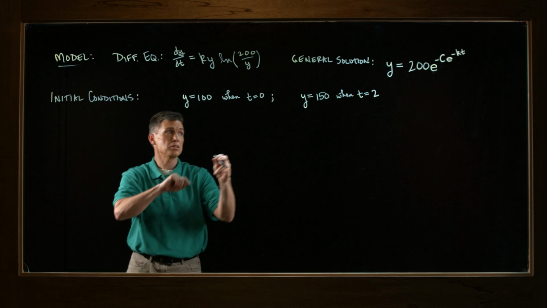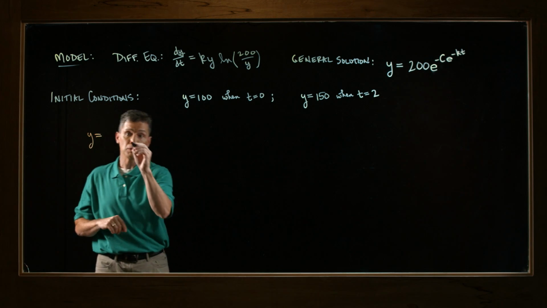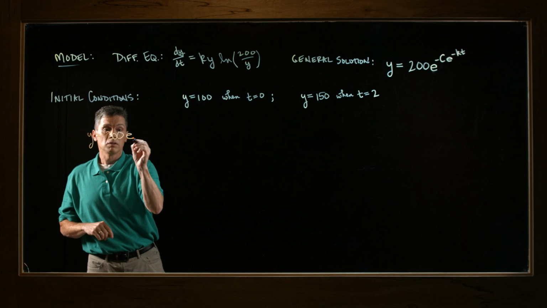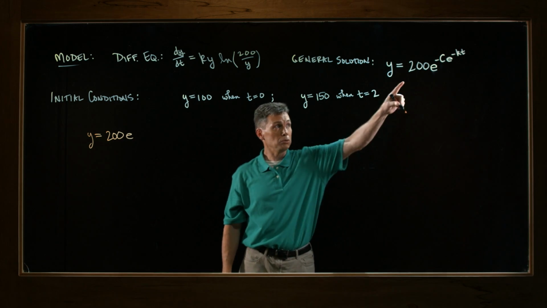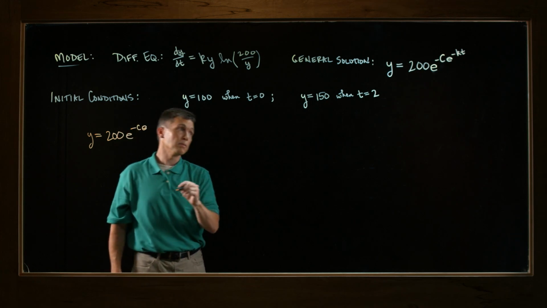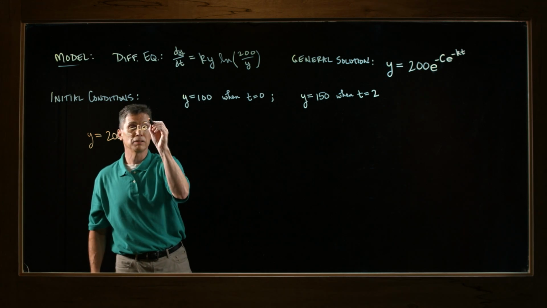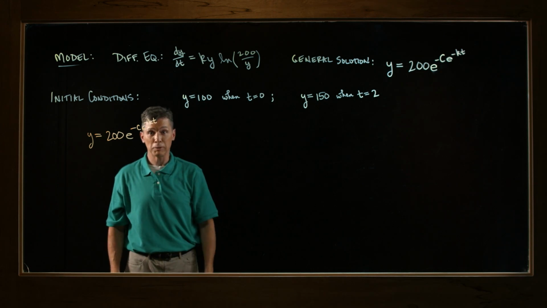I'm going to start with that general solution of y equals 200 times e raised to, be careful, the minus c times e raised to the minus kt power. So you have that power within a power.